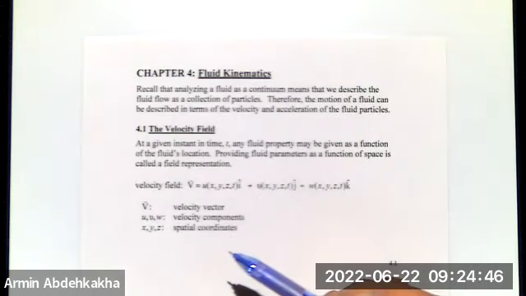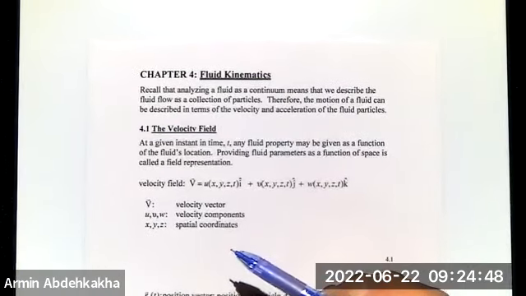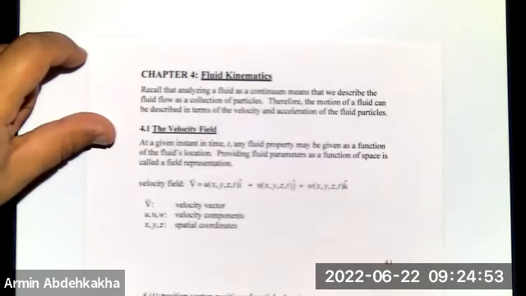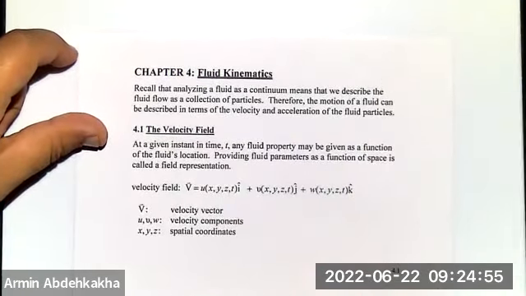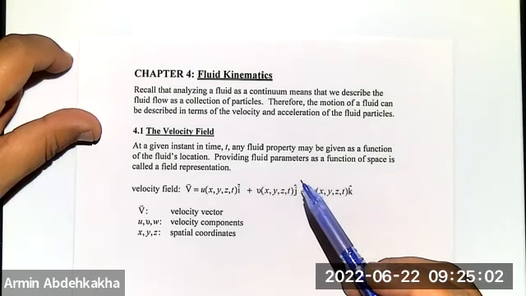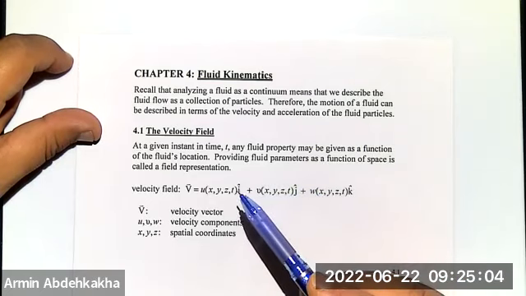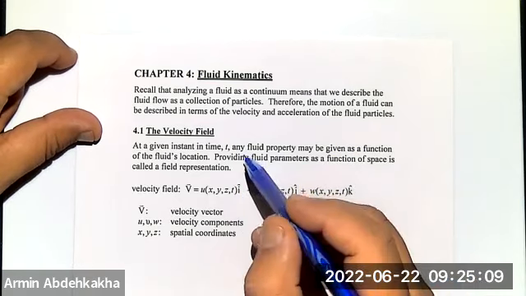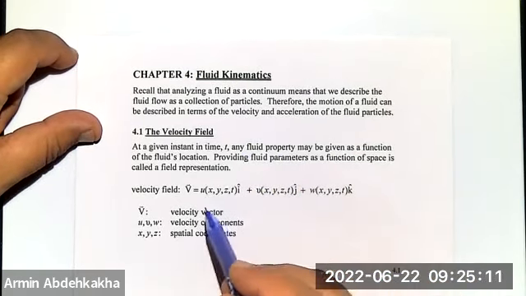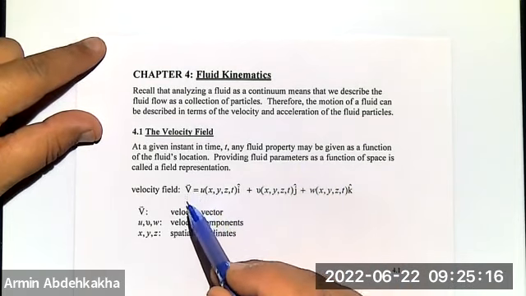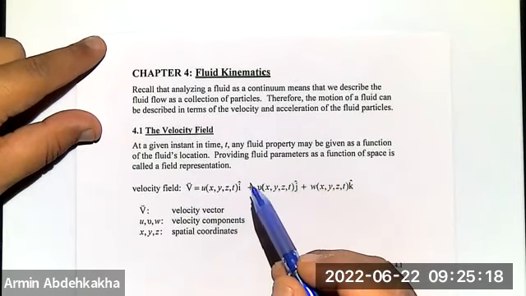Field representation means the parameter as a function of location and also time, right? This is an example, a velocity field. If I change this with pressure, then this would be a pressure field, right?